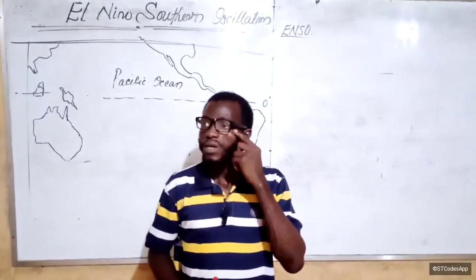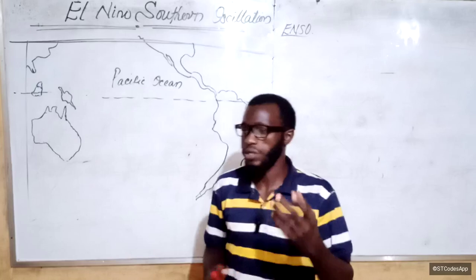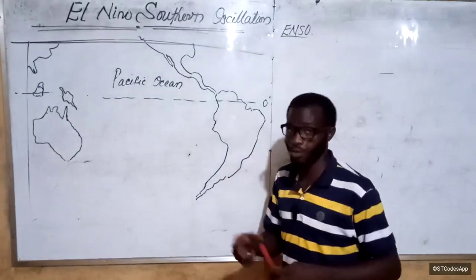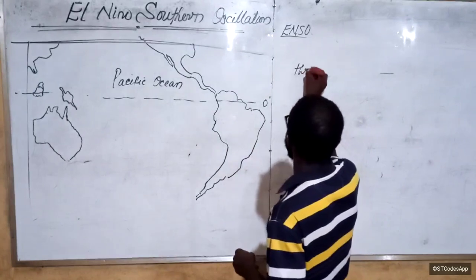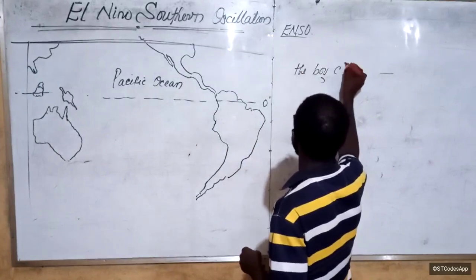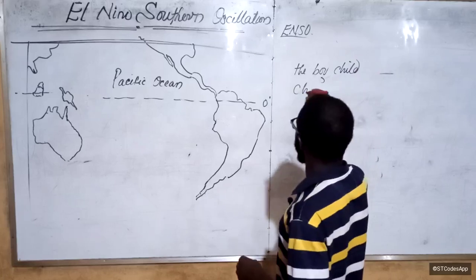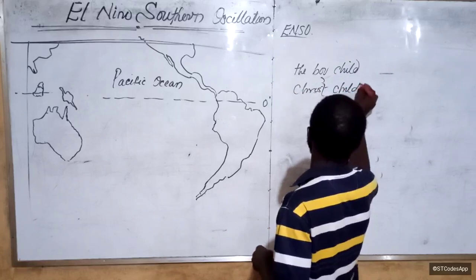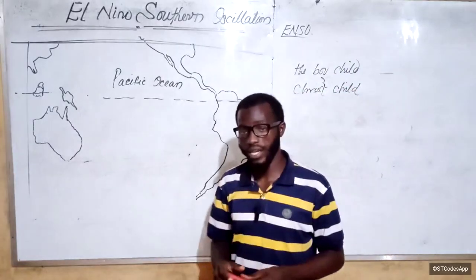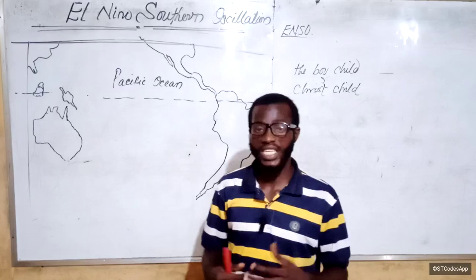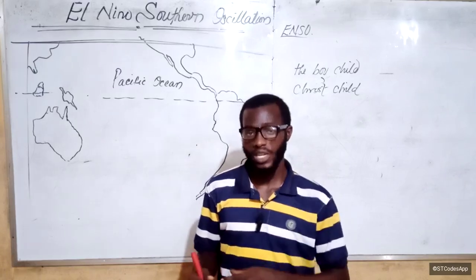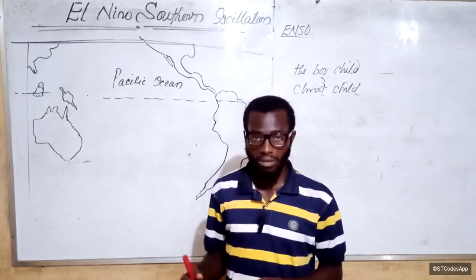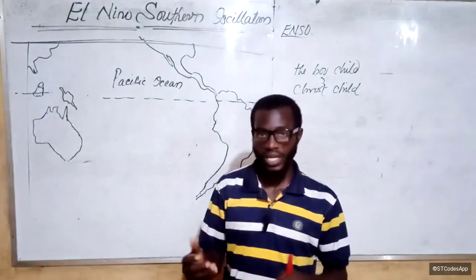Now, what is El Nino in fact? The word El Nino is from Spanish, and it means the boy child, or in other places you could see it said as the Christ child. It is called the Christ child because the phenomenon occurs in the Christmas period, usually between the 24th and 25th of December, which is Christmas day.